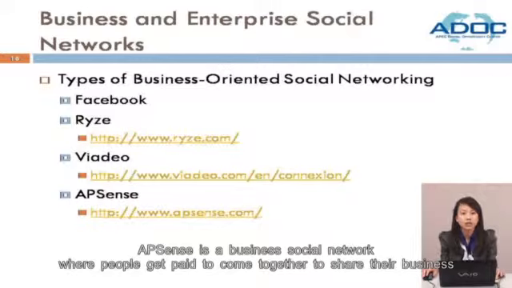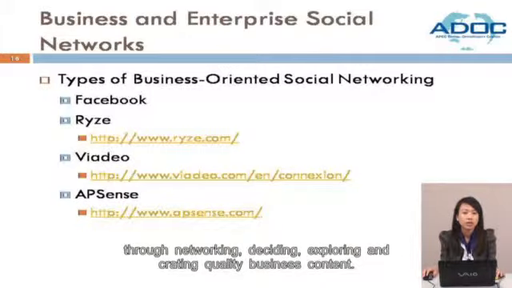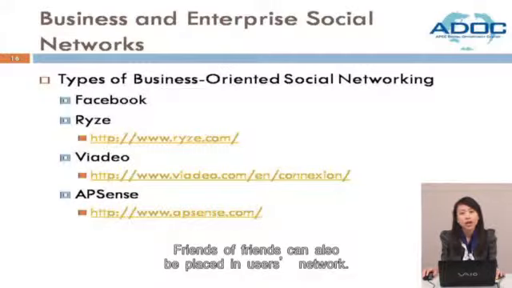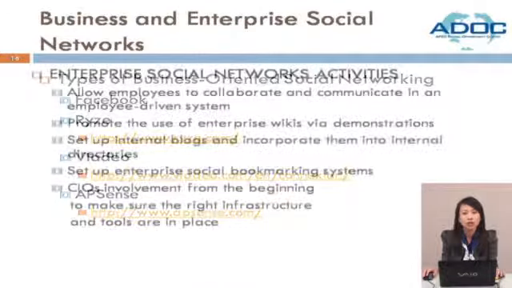AppSense is a business social network where people get paid to come together to share their business through networking, deciding, exploring, and creating quality business content. Users build their own social networks by inviting their friends to AppSense. Friends of friends can also be placed in users' networks.